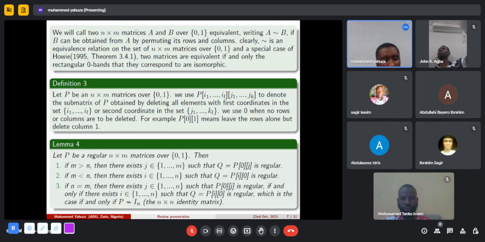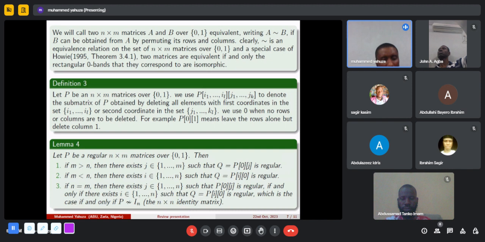Now, we have a lemma. This lemma is saying that if you have a regular matrix, you can delete a row or a column and at the same time maintain the regularity of that matrix. So let P be a regular n by m matrix over 0, 1. Then, one, if m is greater than n, then there exists j in 1 to m such that Q, the submatrix obtained by deleting the jth column, Q equals P(0; j), is regular.